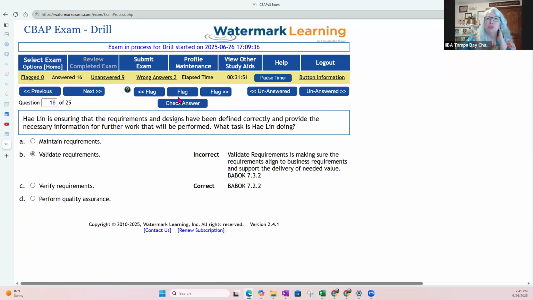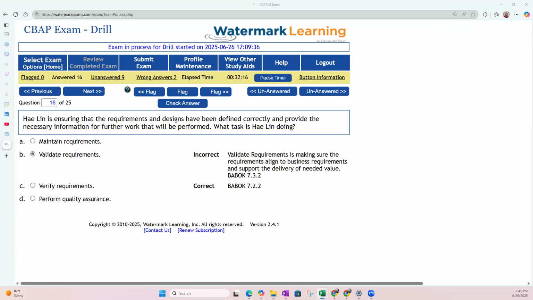Validate requirements is making sure the requirements align to the business requirements and support the delivery of needed value. Okay. Yeah, I get that partially out of the question, so I find that that could be worded better and is goofy. But which part was making you confused?